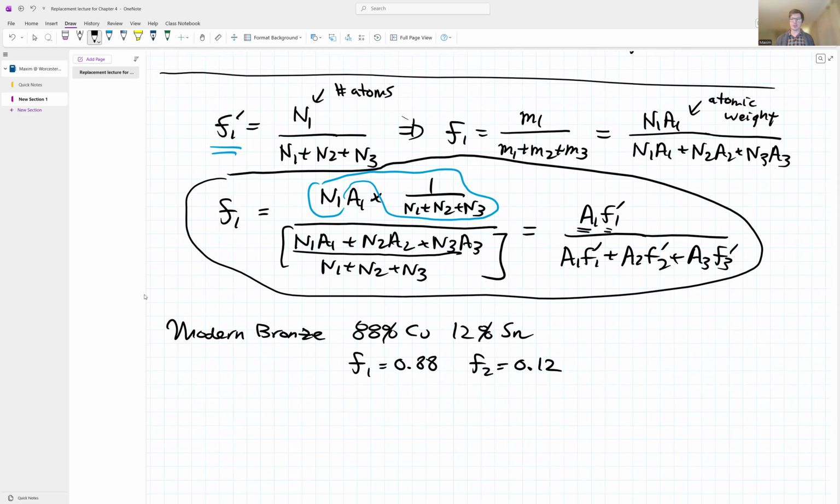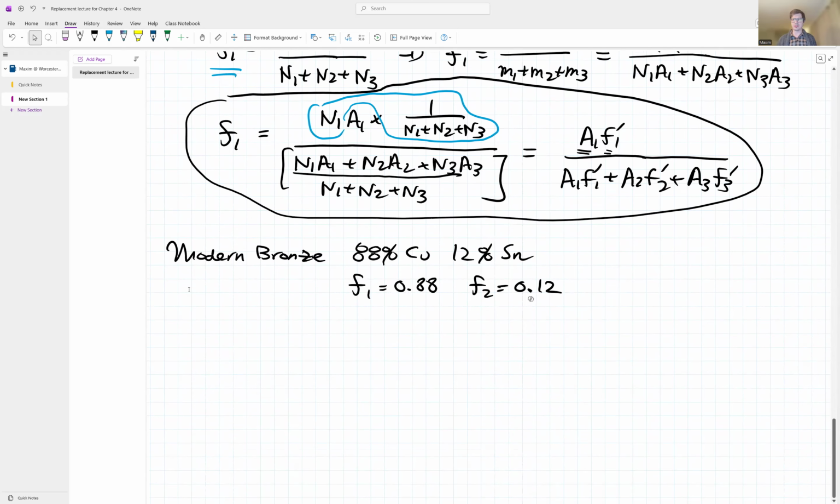So, okay, let's convert that to percent by atom because that's more relevant to the physics of the material, knowing what fraction of the atoms are actually copper or tin. So if we want to do the fraction, say, of tin by atom, the prime means by atom, right?